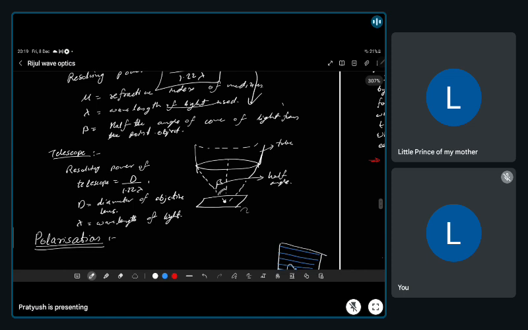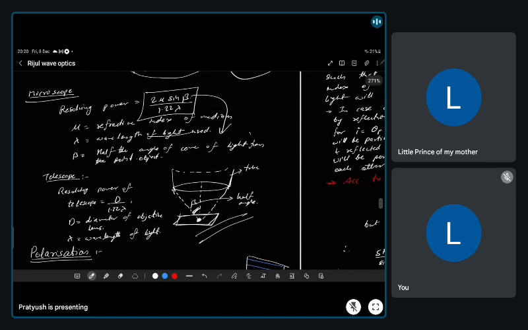On this glass slide we are seeing a small amoeba or onion peel. Whatever angle it makes with the lens, half of that angle, beta, is taken here. Mu is the refractive index we already know. Sine beta, the sine of the half angle, upon 1.22 lambda.